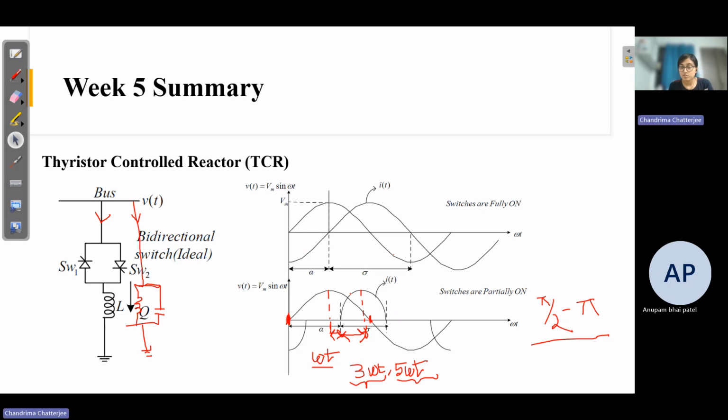Now if you calculate here, you will see that this tiny portion after pi by 2, plus this sigma by 2, this total corresponds to pi by 2, because the current peak will be lagging the voltage peak by pi by 2.